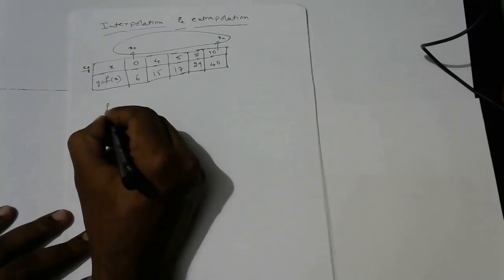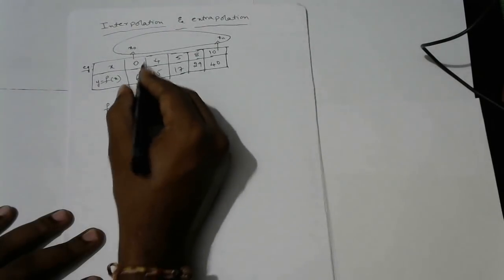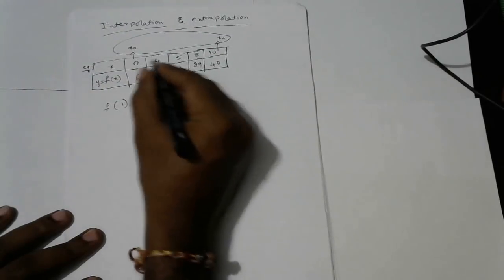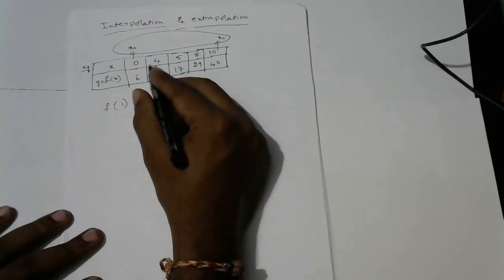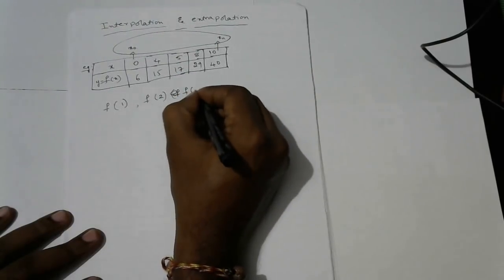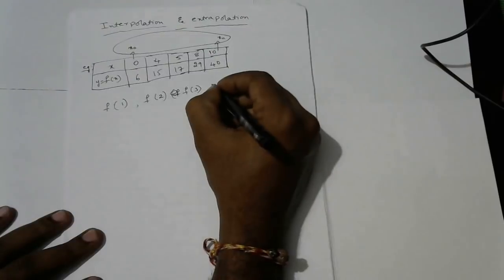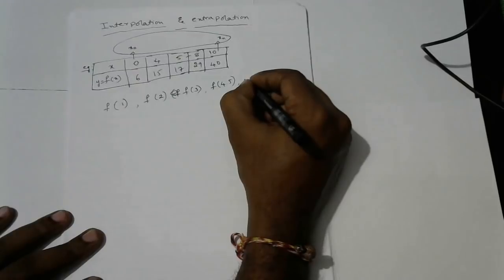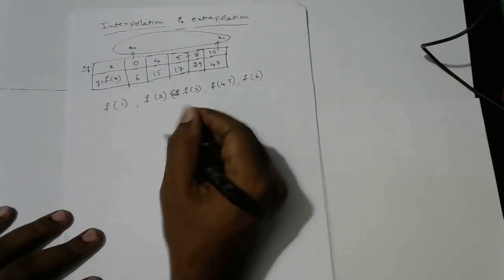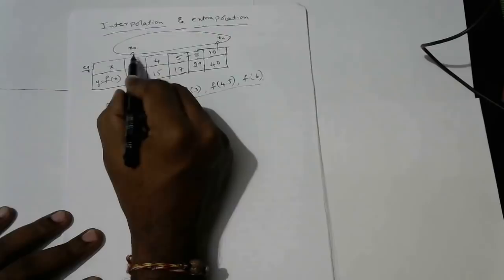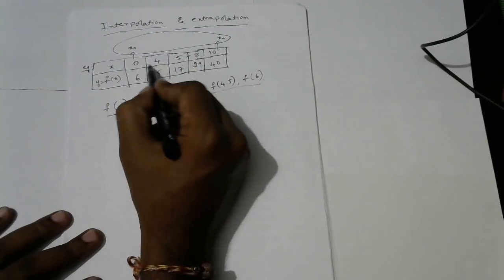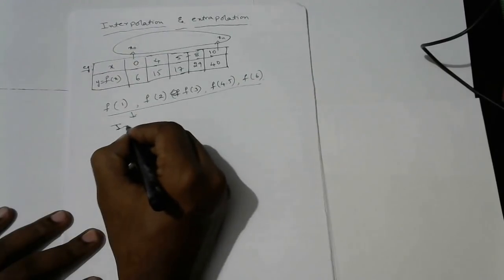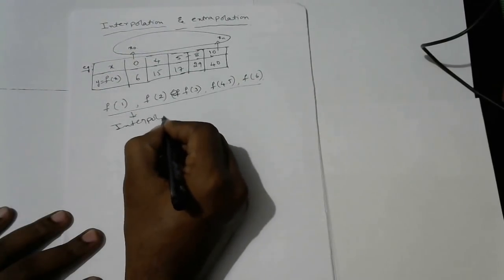Suppose they ask to find f of 1, f of 2, f of 3, or f of 4.5 or f of 6. Here all these values are in between x naught and xn. So these are called interpolation.